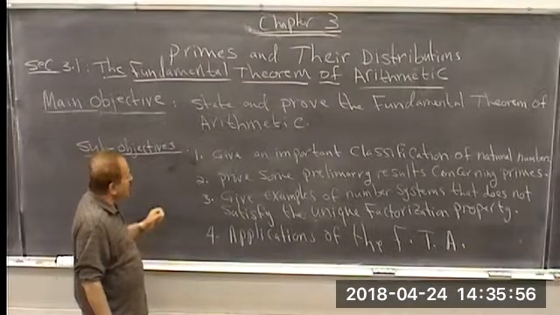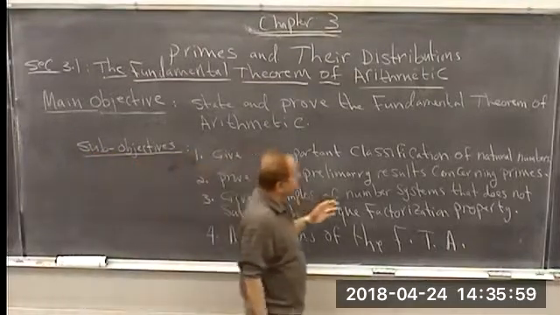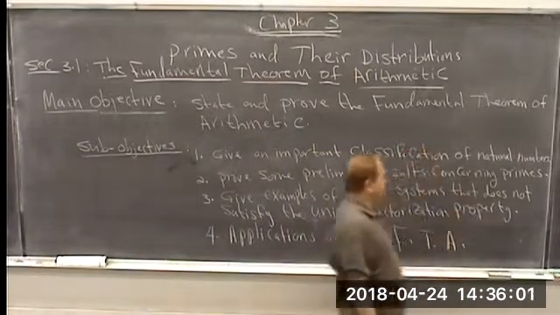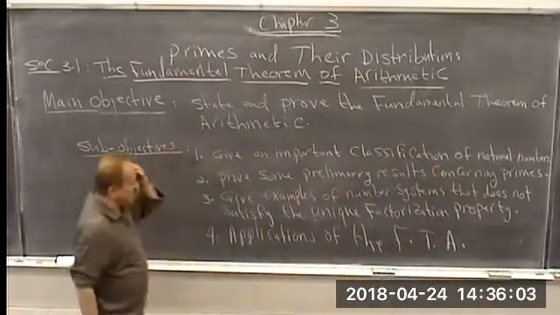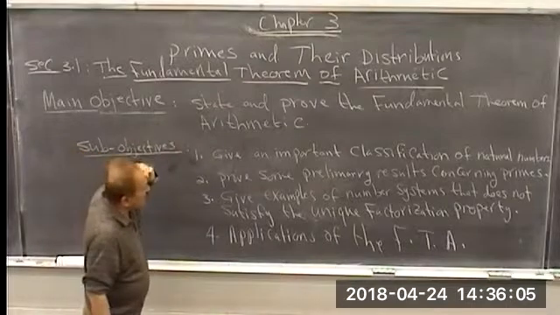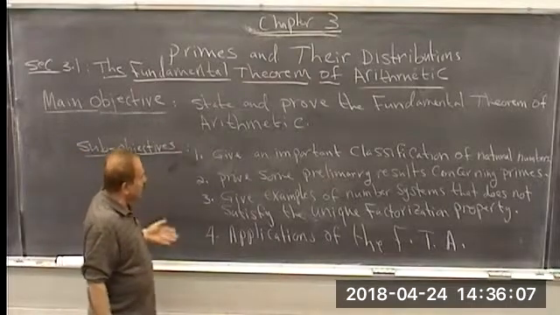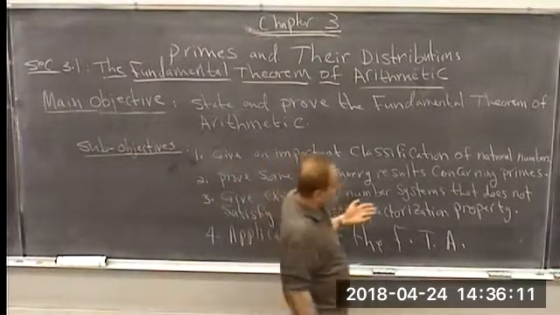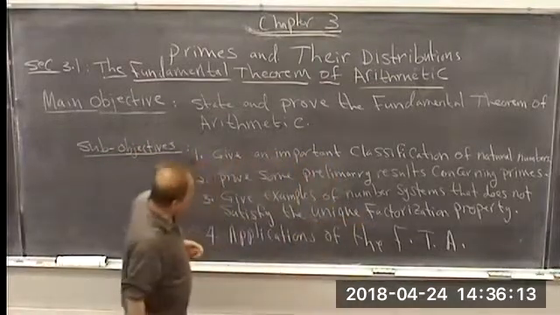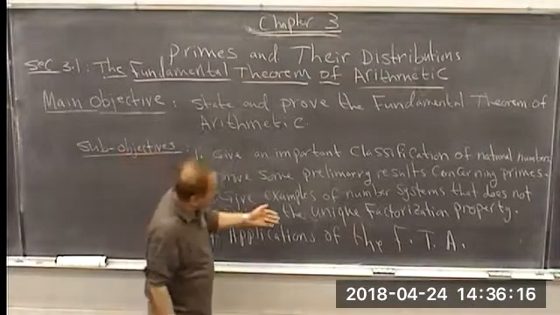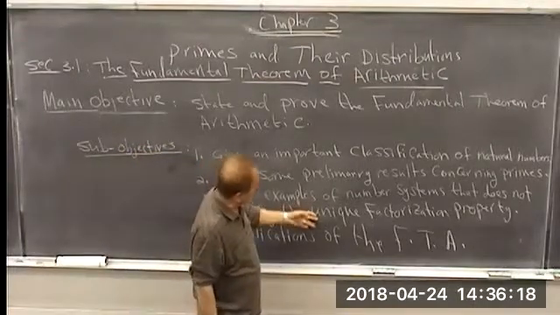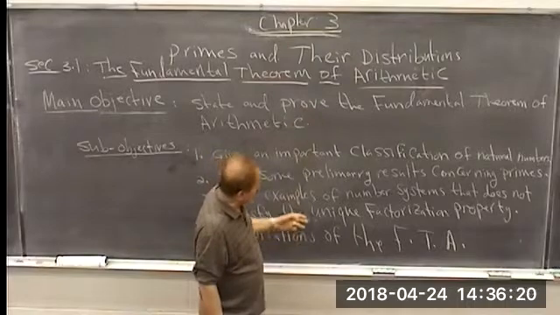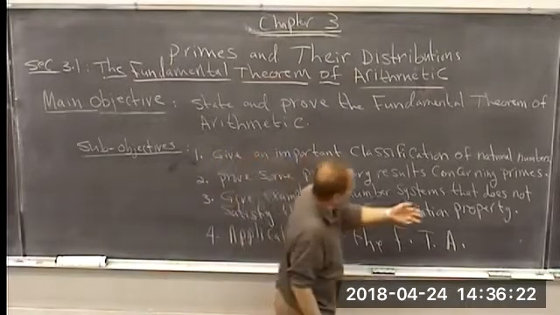Then we're going to prove some preliminary results concerning primes, and these are needed to get to the fundamental theorem. Then we're going to give a couple of examples of number systems that do not satisfy the important property of this fundamental theorem of arithmetic, called unique factorization.